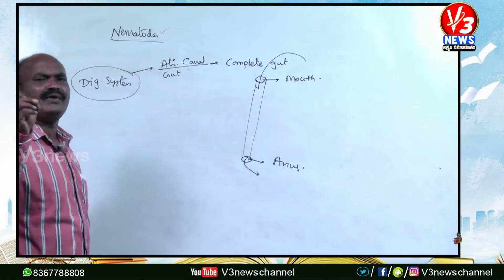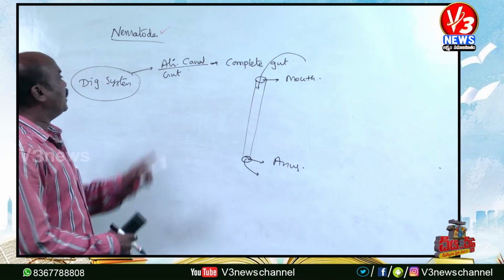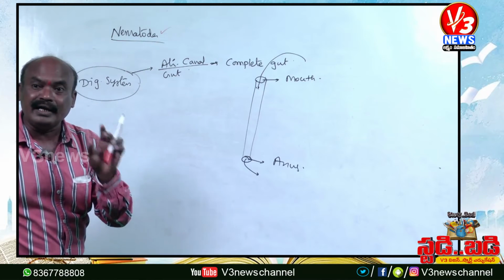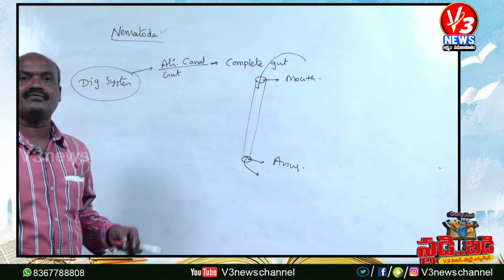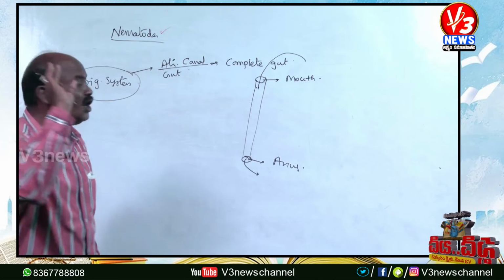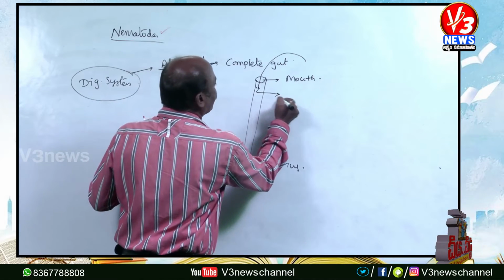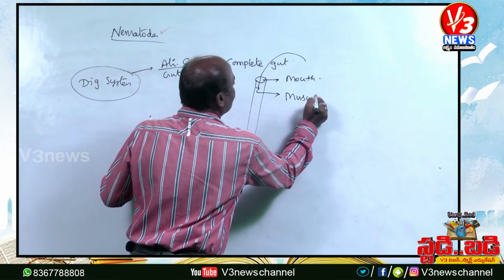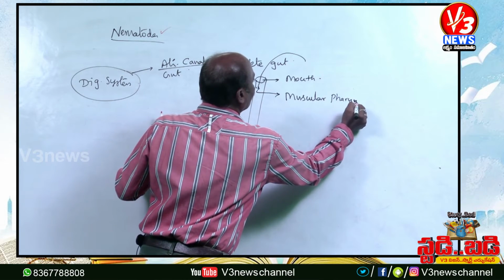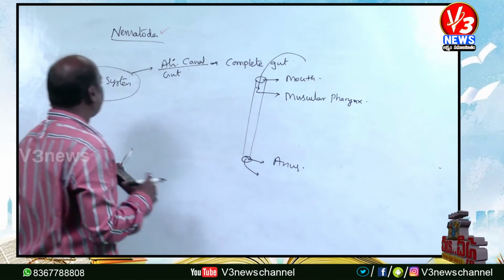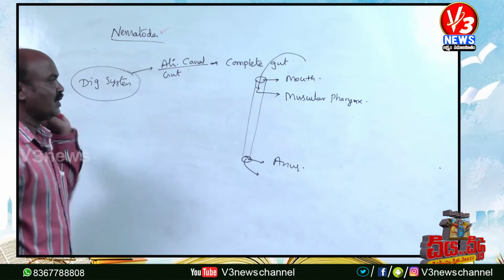And one very important character in nematodes, the alimentary canal possesses a pharynx. The characteristic feature of the pharynx is that it is muscular, a very important point, a muscular pharynx. That's one important point about the digestive system.